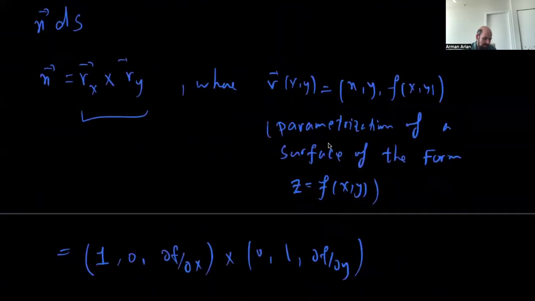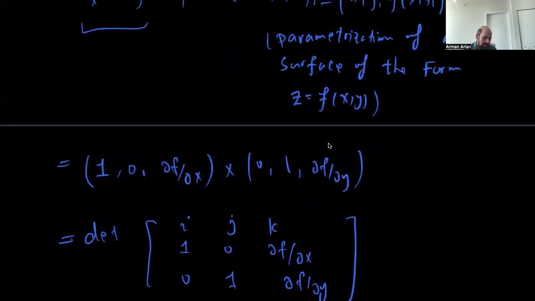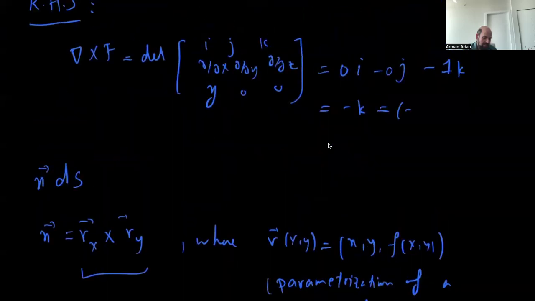Curl of F is minus k, which means 0, 0, and minus 1.